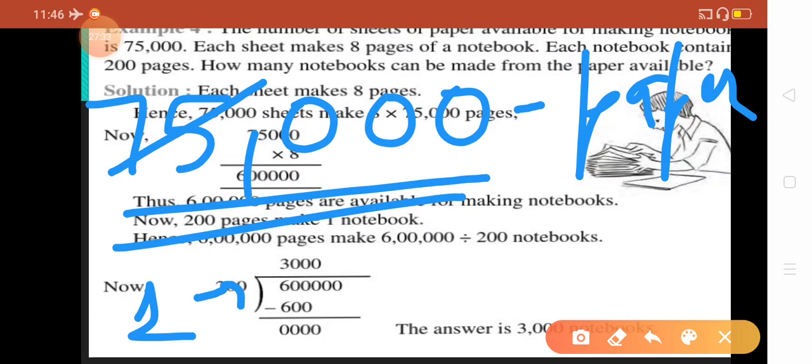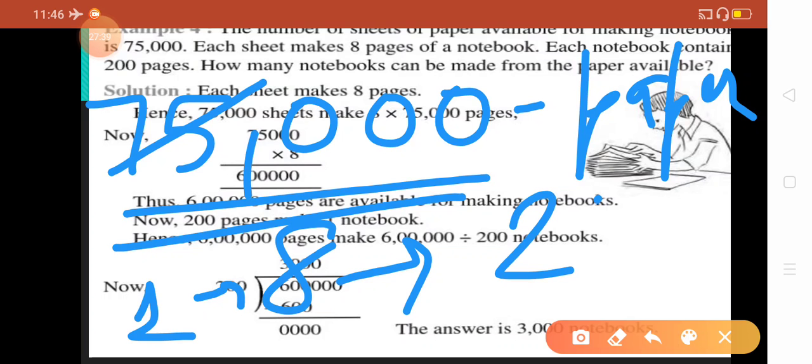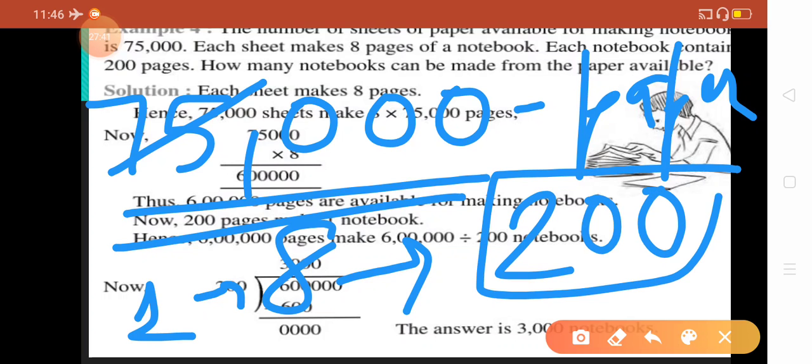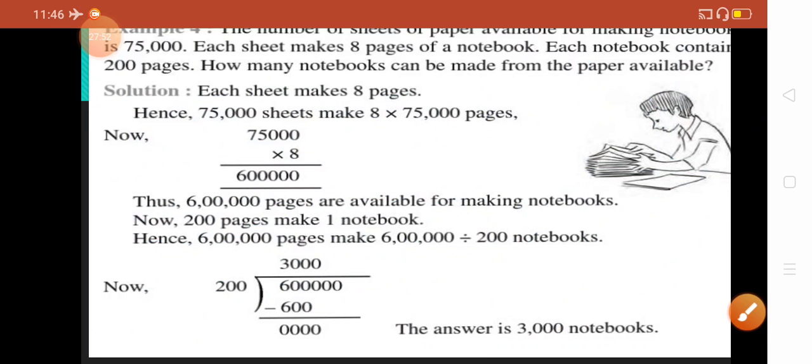When we bind these 8-page pieces together to make 200 pages, one notebook gets completed. One sheet gives 8 pages, and a notebook has 200 pages. So you have to find how many notebooks can be made from the paper available.